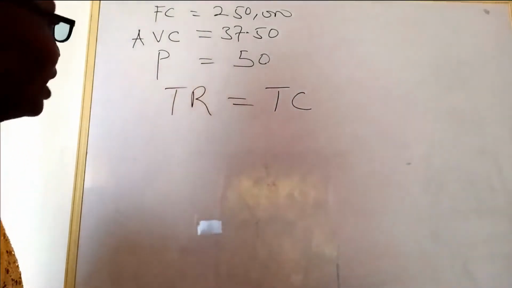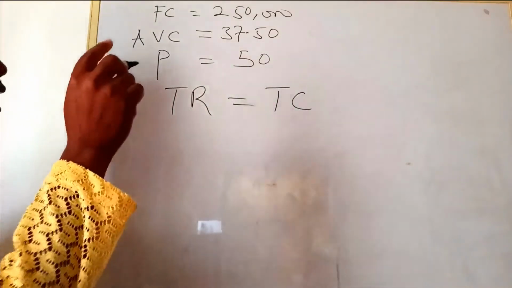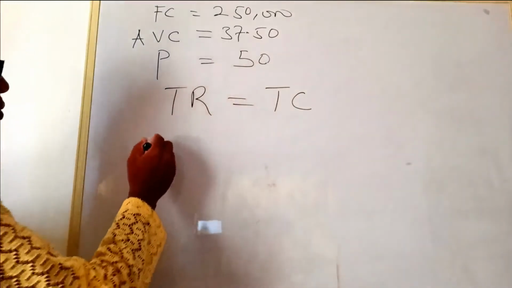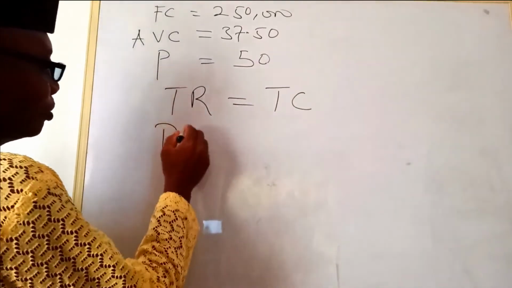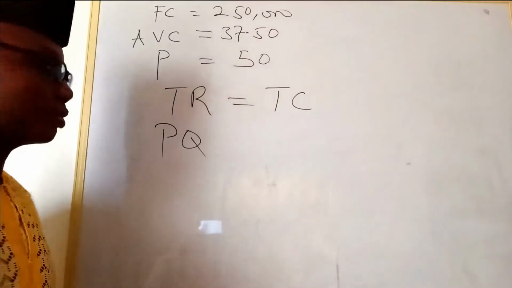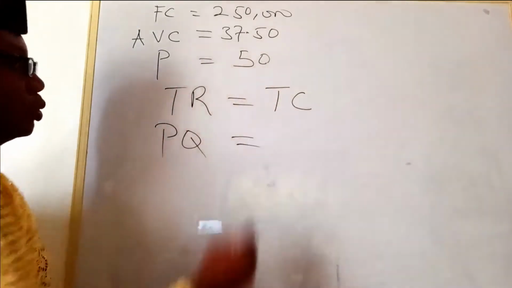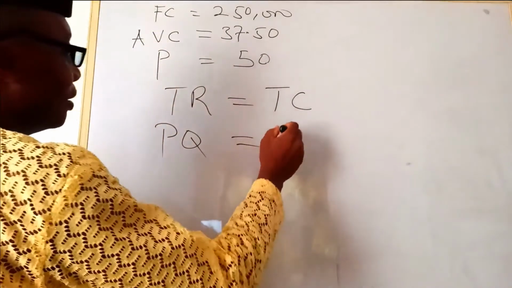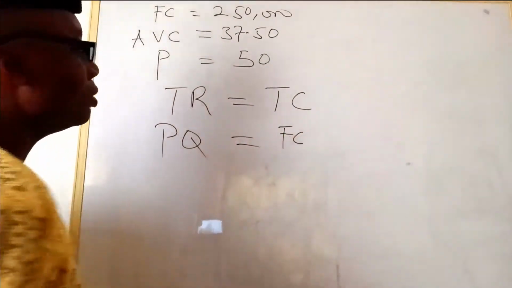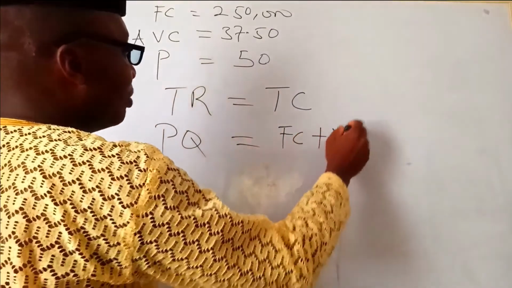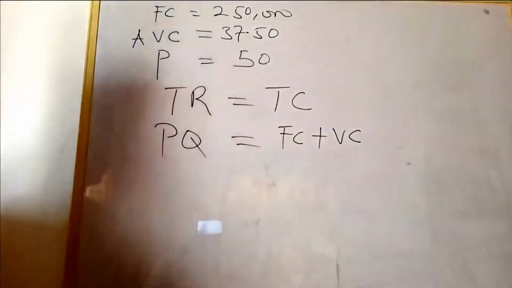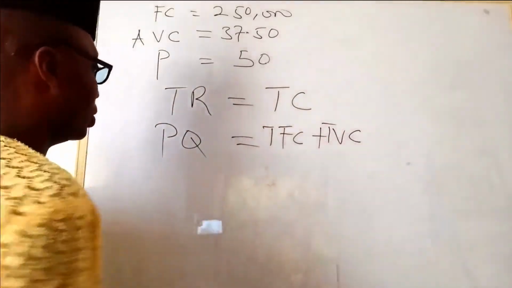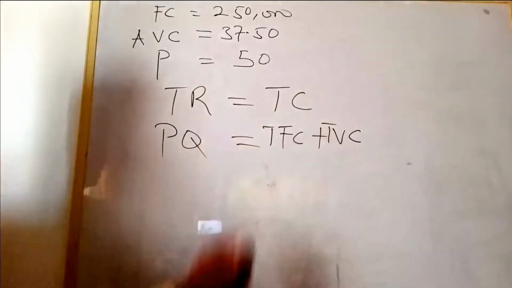Now, total revenue, from what I said, is simply the price times quantity, PQ, equals total cost. Total cost in this case is fixed cost plus variable cost. Or, if you like, total fixed cost plus total variable cost. That's what total cost is here.